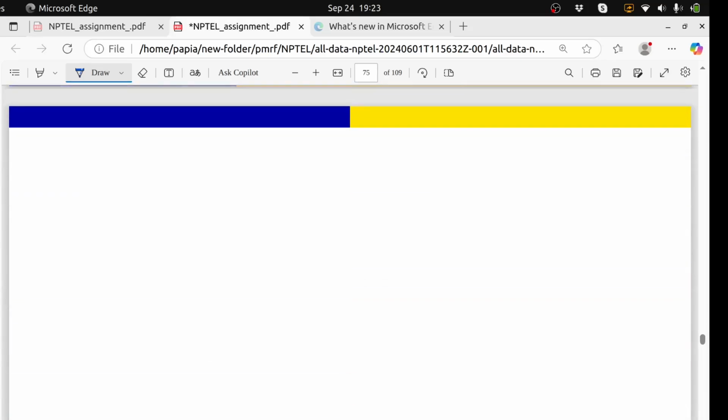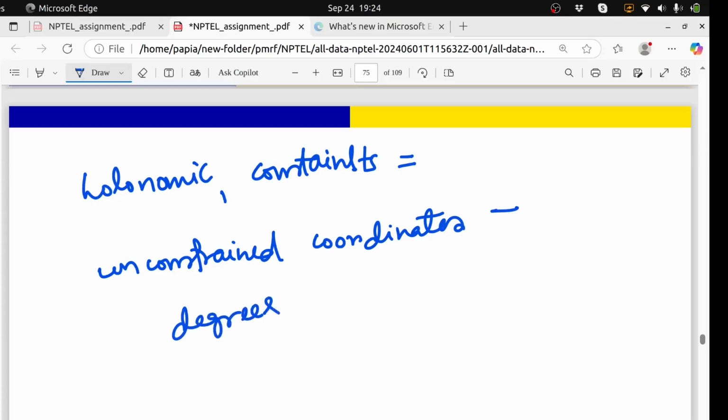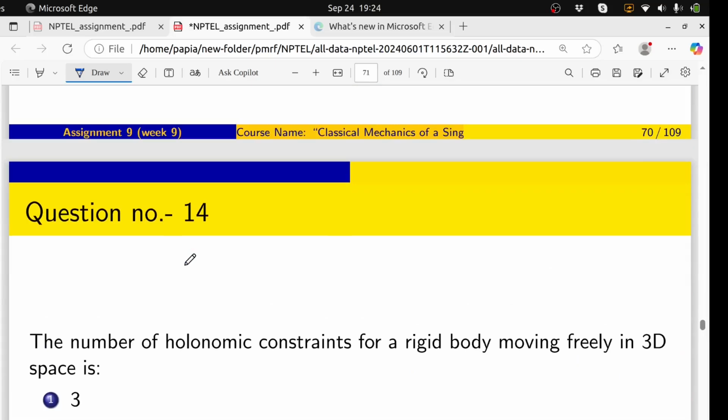So similarly I can write here holonomic constraints is equal to unconstrained coordinates minus degrees of freedom, right?